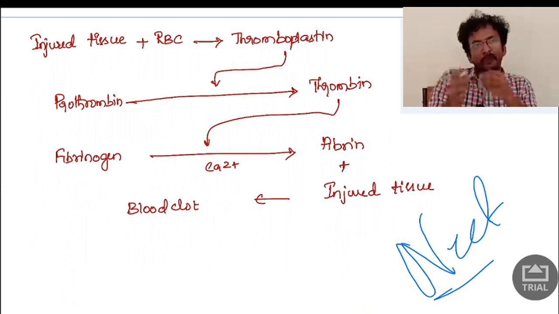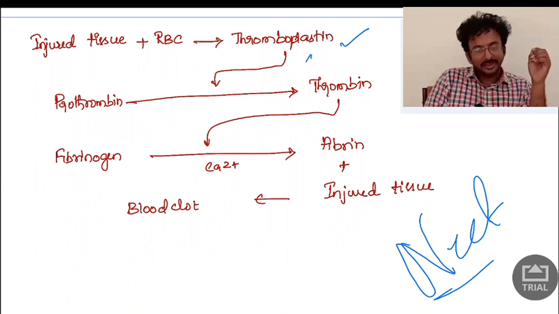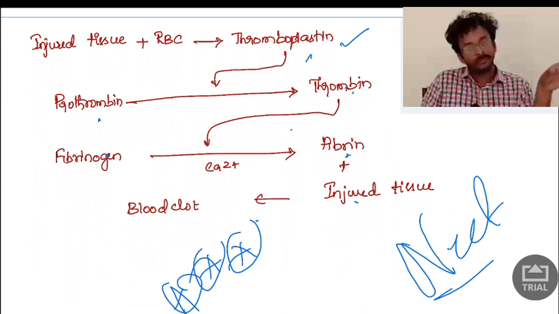Along with RBC, a protein known as thromboplastin will come. This thromboplastin converts prothrombin into thrombin. Thrombin converts fibrinogen into fibrin. Fibrin plus injured tissue causes a blood clot. It's a very important question from the NEET point of view.